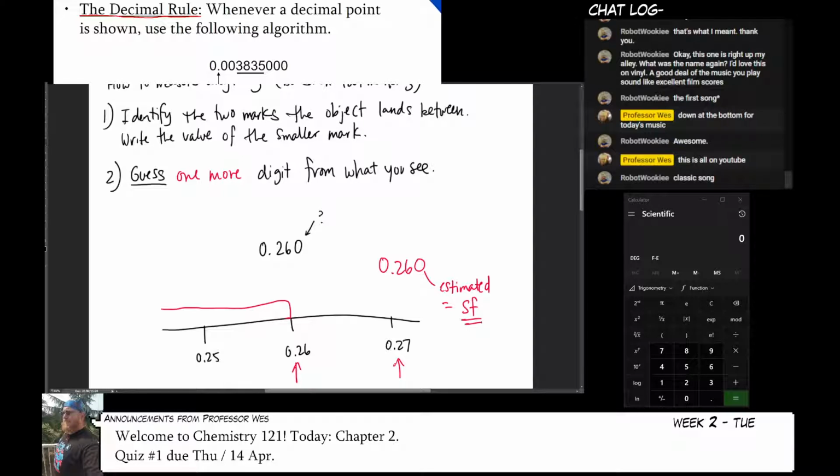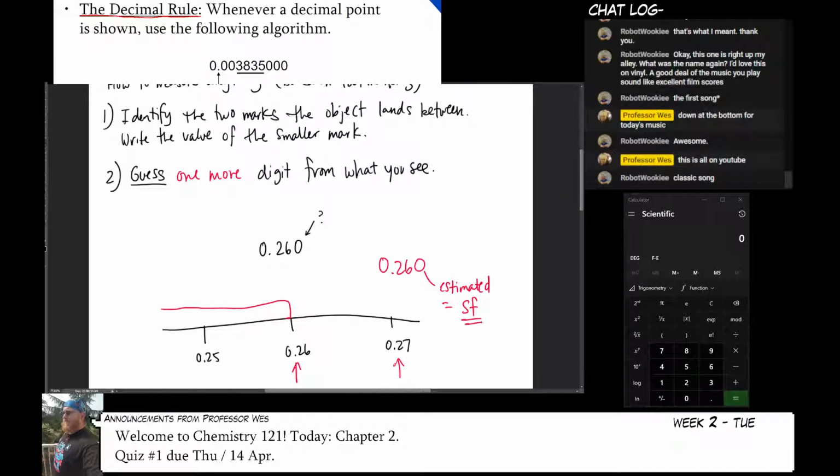So it's possible for you to land on a line, and thus you know the next digit is 0. Now, could you have written a 1 here? Sure. I don't see why you couldn't. You could also have written 0.259. But I tried very hard to make it look like it landed right on that line, and if it lands on that line, you're allowed to guess 0.